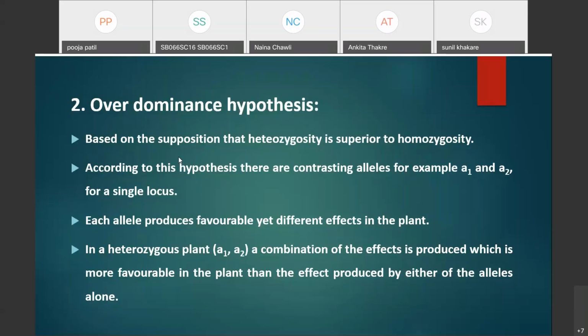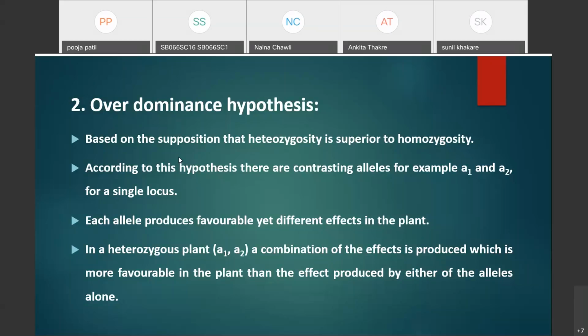According to this hypothesis, there are contrasting alleles, for example, A1 and A2 for a single locus, and each allele produces favorable but different effects in the plant.